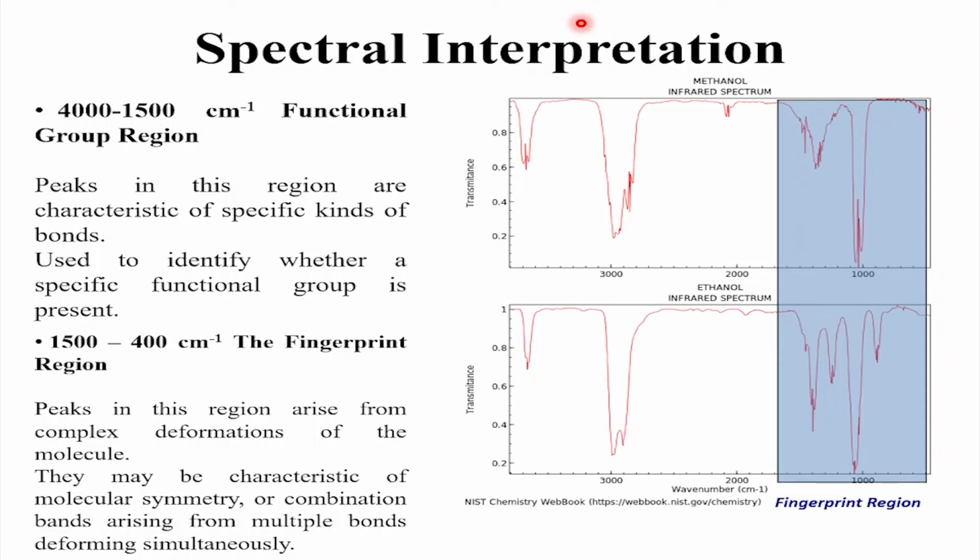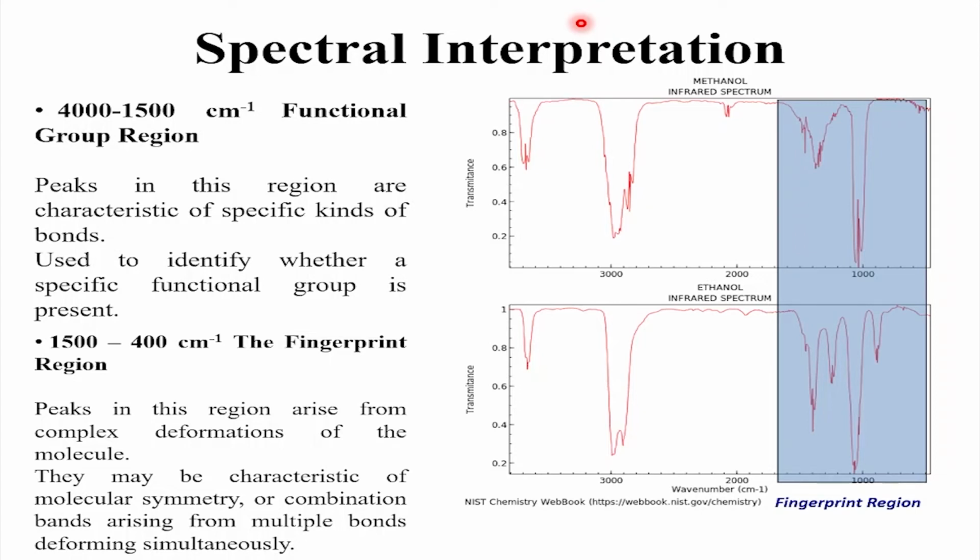As the vibration from the total skeleton is different for ethanol and methanol, we will find a different set of absorption peaks in the fingerprint region. But both of these have the same functional group, so the functional group region will have the same set of absorption peaks.